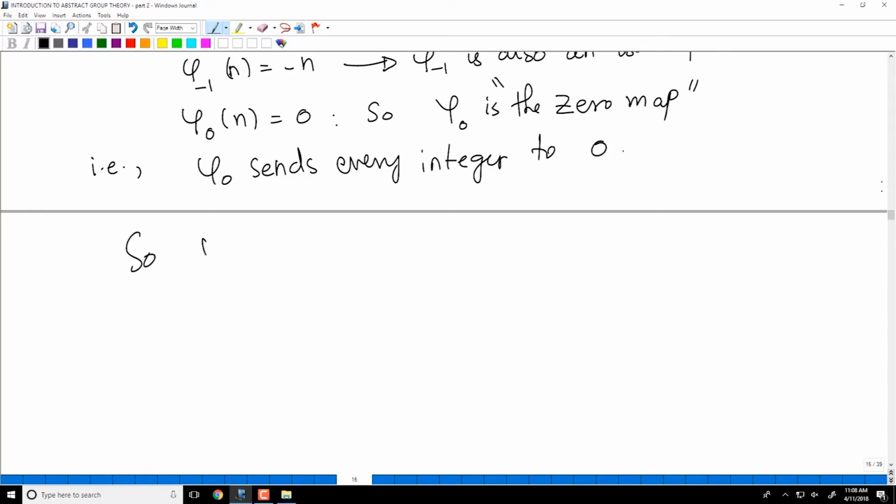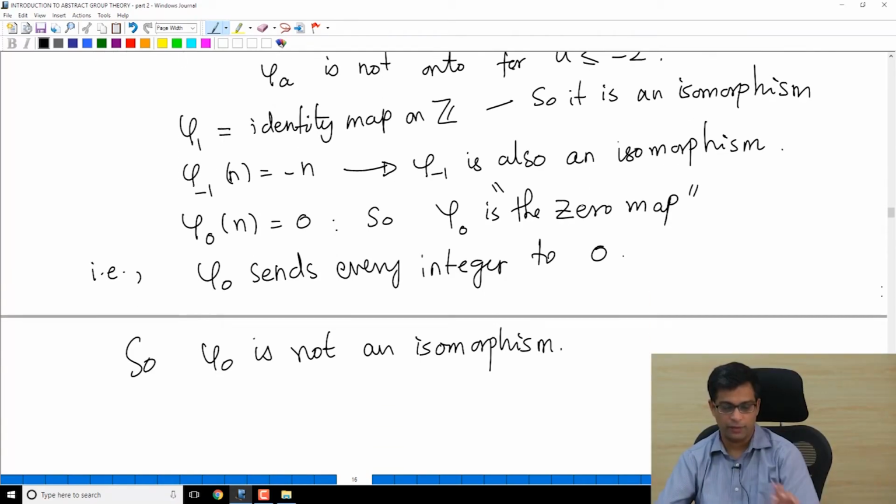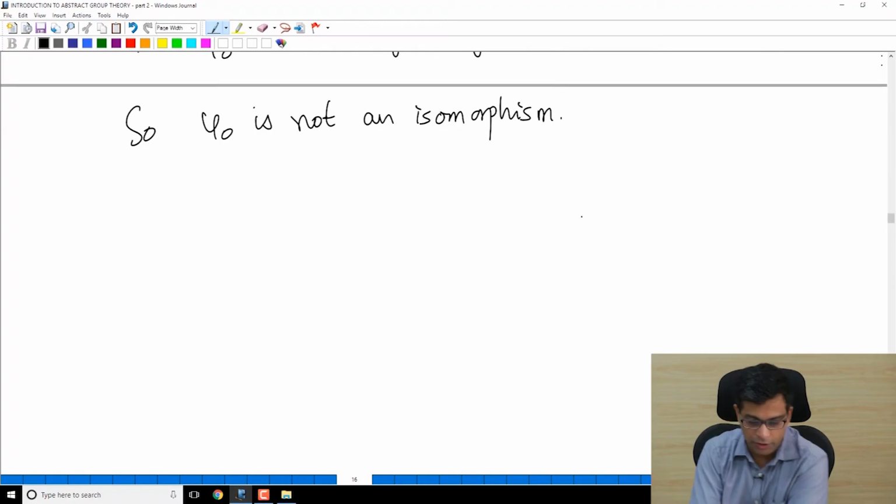So certainly phi 0 is not an isomorphism, right, because it is not onto and it is not 1-1. So we have determined that only two of these phi a's are isomorphisms, phi 1 and phi minus 1. So now let me summarize the whole problem as follows.